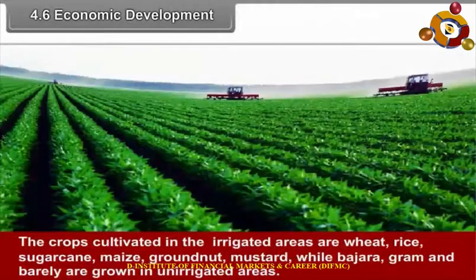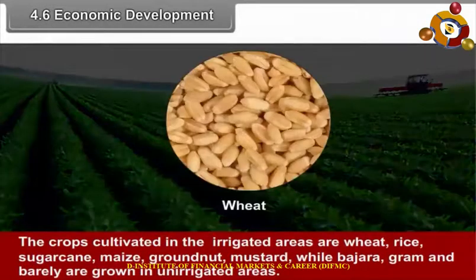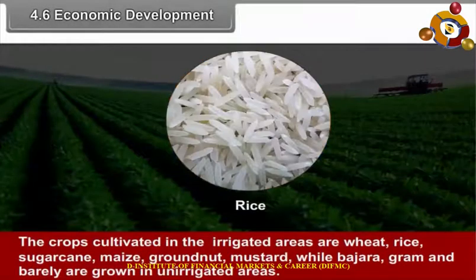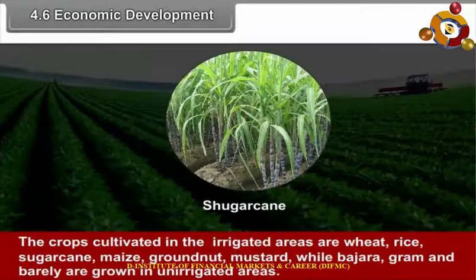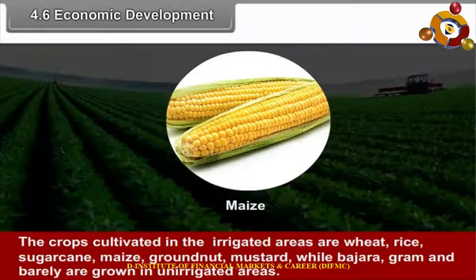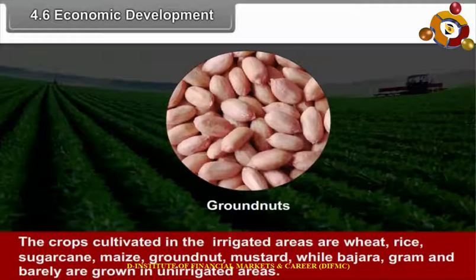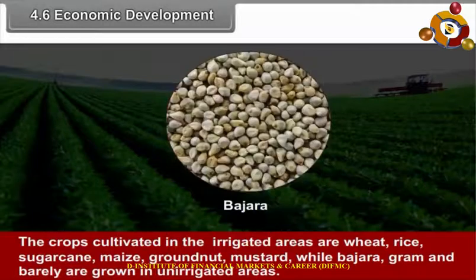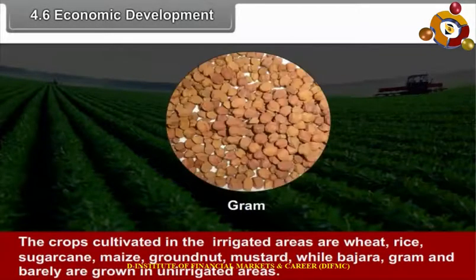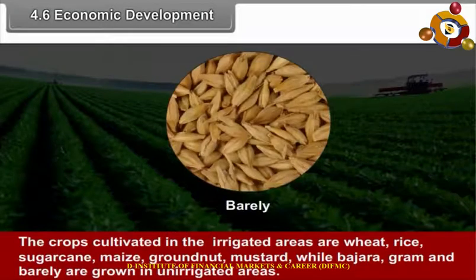The crops cultivated in the irrigated areas are wheat, rice, sugarcane, maize, groundnut, mustard, while bajra, gram and barley are grown in unirrigated areas.